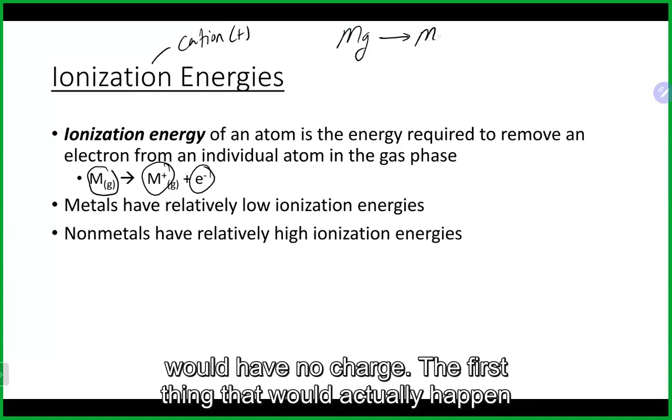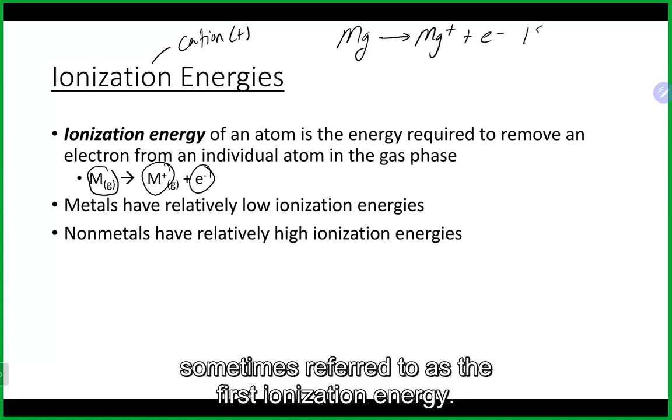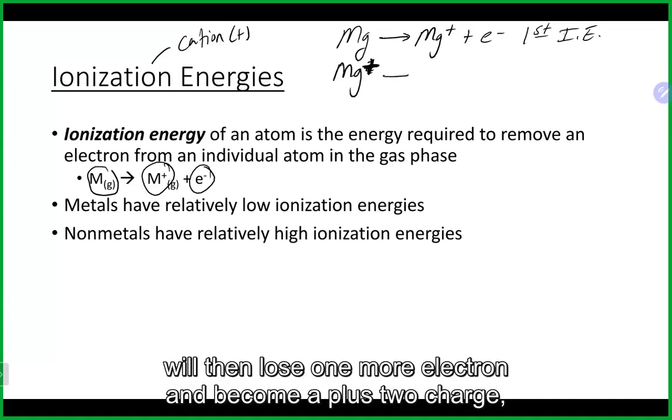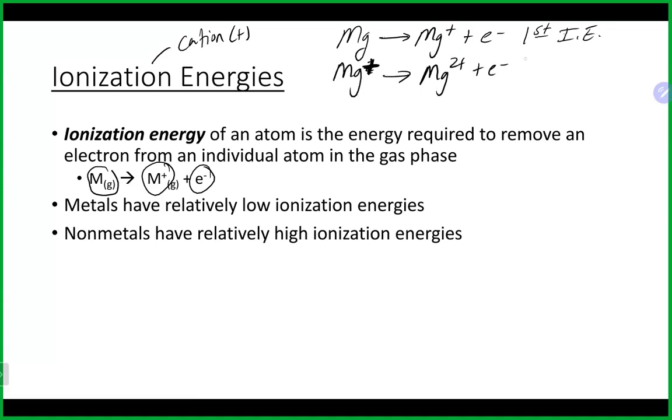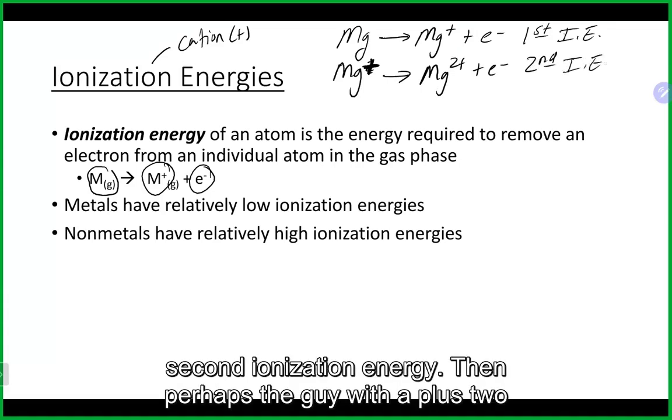The first thing that would actually happen is magnesium would just lose one electron. That is what is sometimes referred to as the first ionization energy. Then what will happen is that magnesium with a +1 charge will then lose one more electron and become a +2 charge. And the energy required to do that is what's known as the second ionization energy.